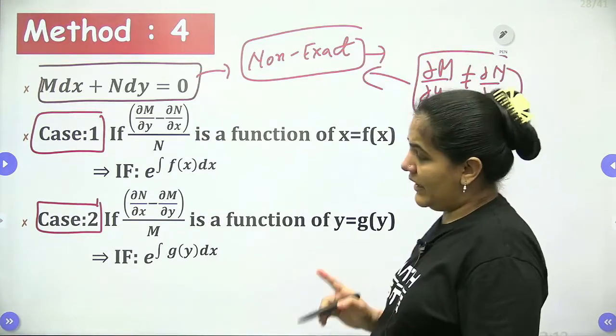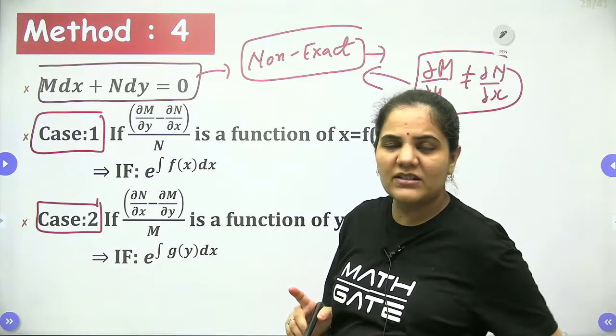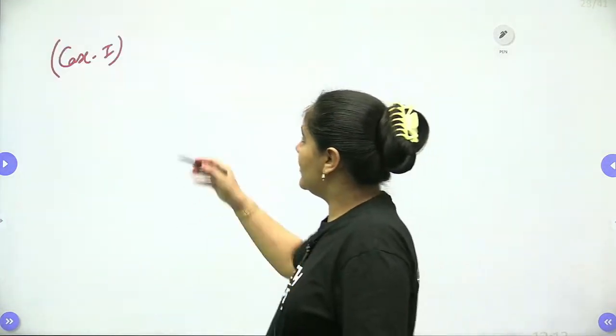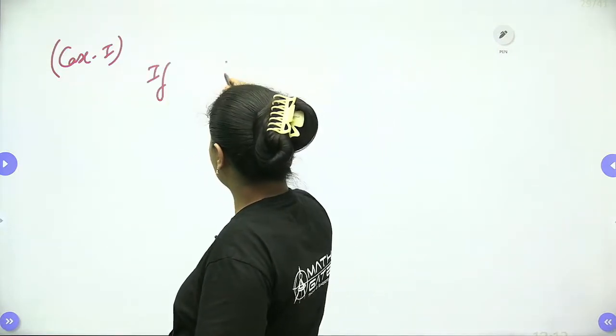So whenever you have an equation which is non-exact, meaning del M by del y is not equal to del N by del x, you will go for case number 1, dear students.